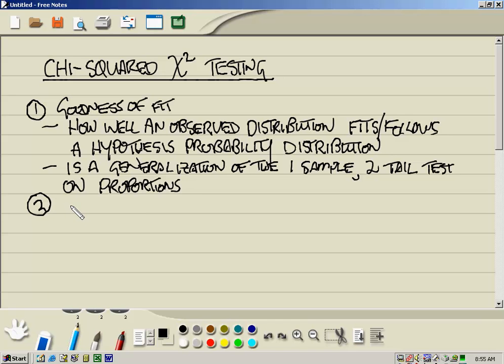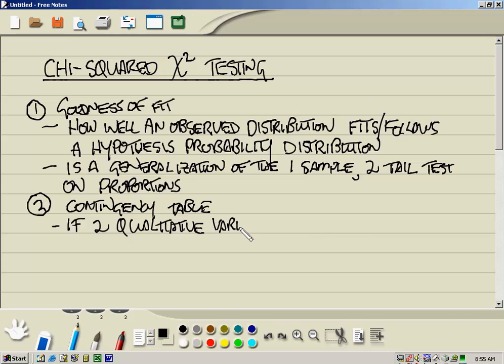The next test, which turns out to be more interesting in practice, is a contingency table test. And this test tests if two qualitative variables are related.